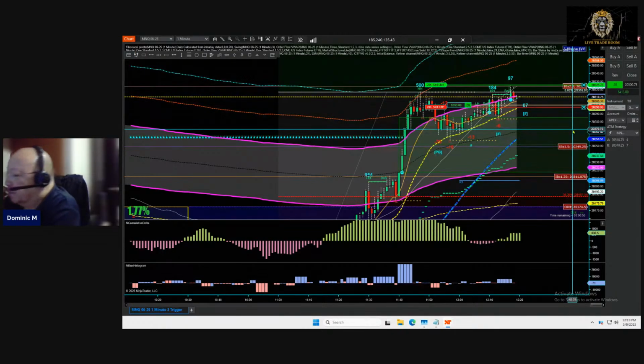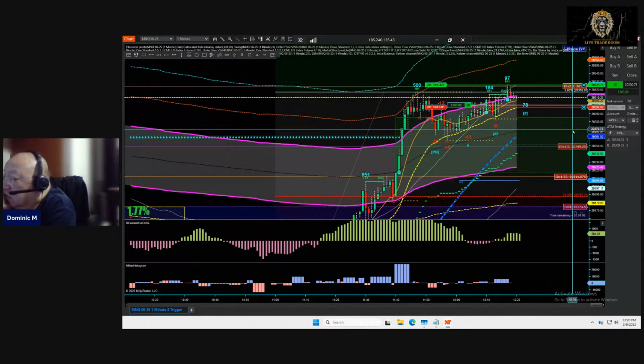I mean, close above the prior candles, previous prior candles close. Ten, 9, 8, 7, 6, 5, 4, 2. Oh man.